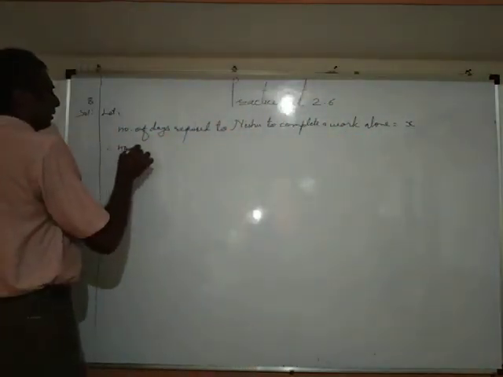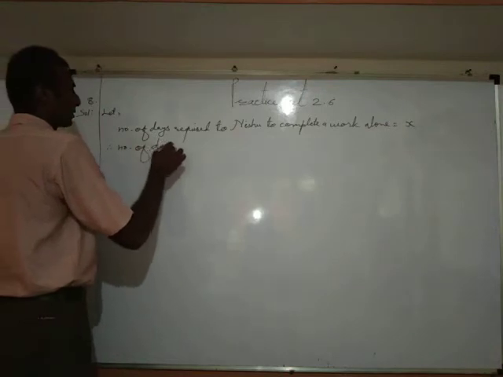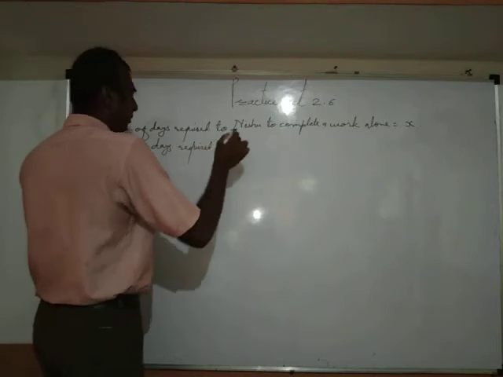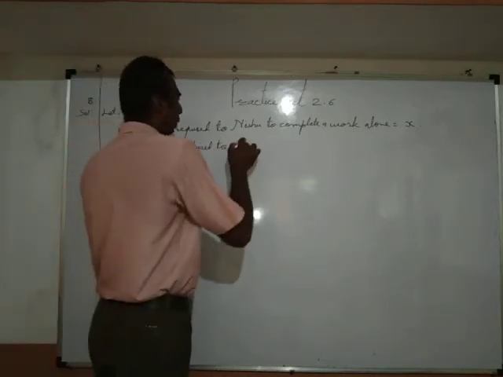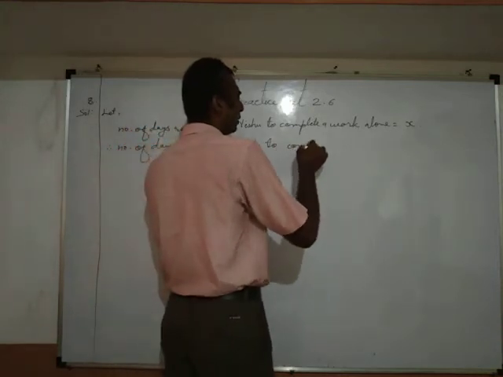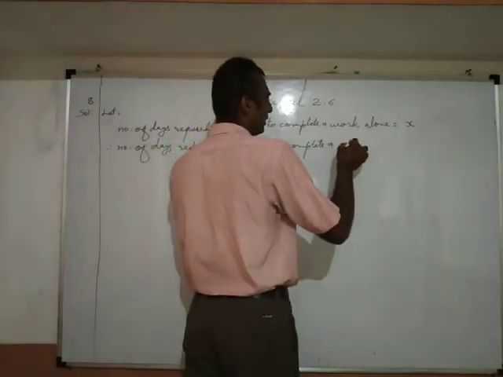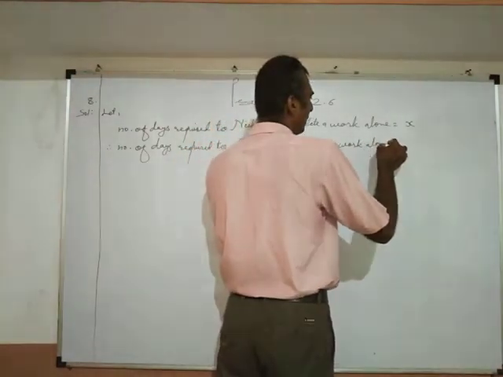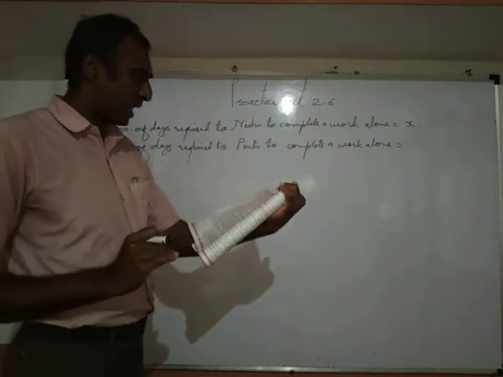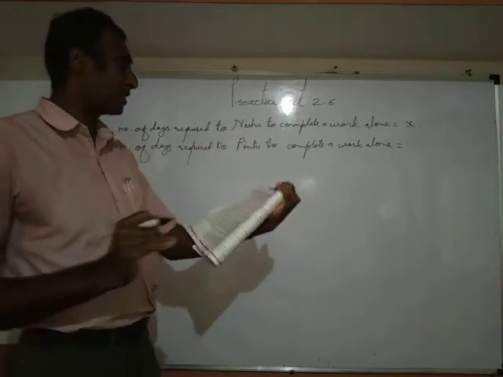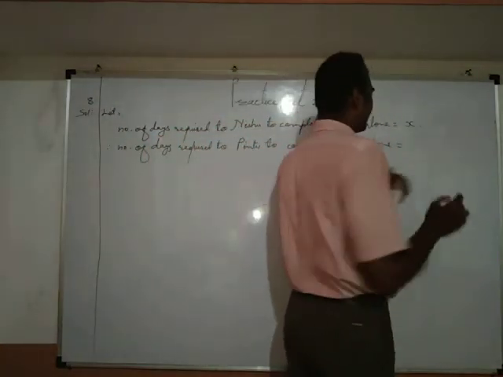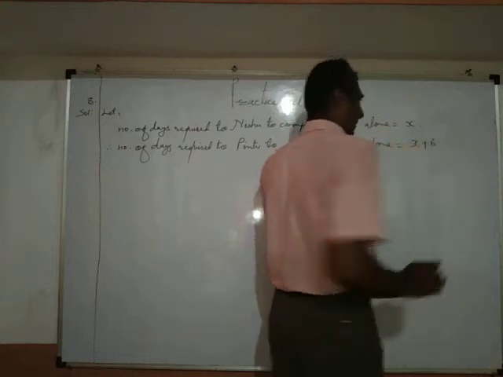Therefore, number of days required to Pintu to complete a work alone equals, Pintu takes 6 days more than those of Nishu to complete a certain work. Means that equation will be x plus 6.